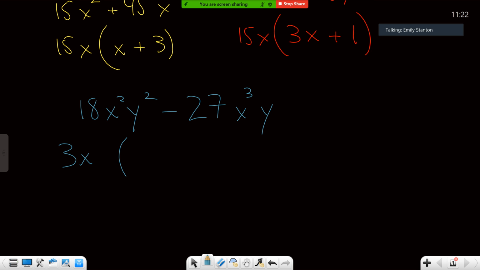3x squared y, 6y minus 9x, and parentheses. How'd she do?